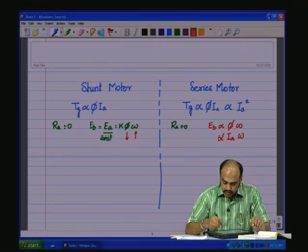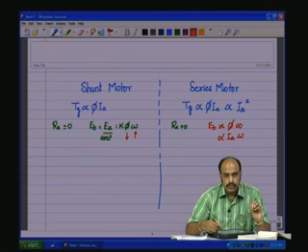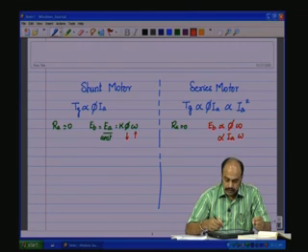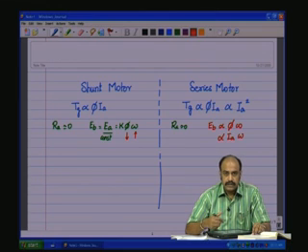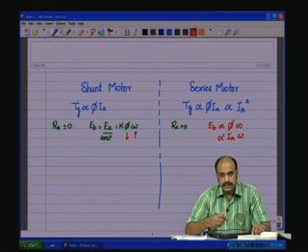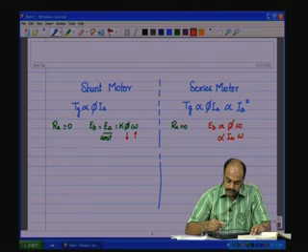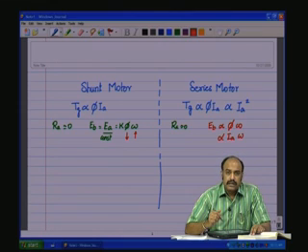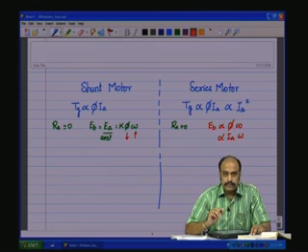Because at close to 0 speed there is no back EMF, the Ia will be very large, and that large Ia is also going to result in a large field, because the field current is the same as the Ia, and as a consequence the speed will quickly pick up and try to run away.